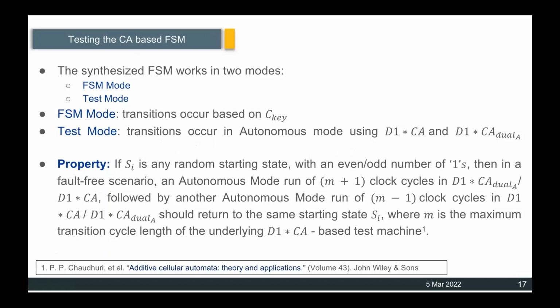But in order to get this obfuscation, the designers use a property which you can find in other prior work as well.